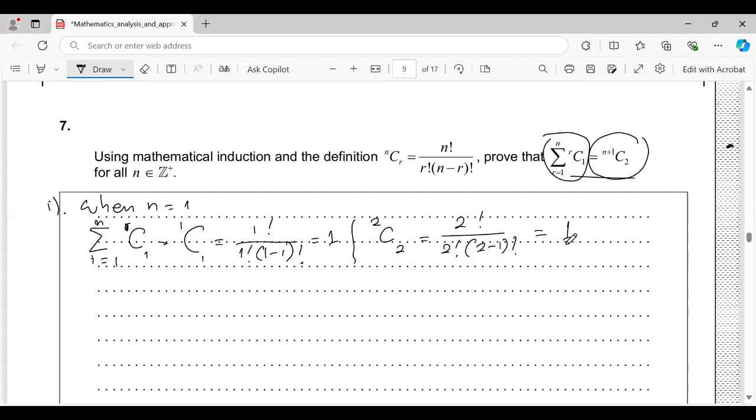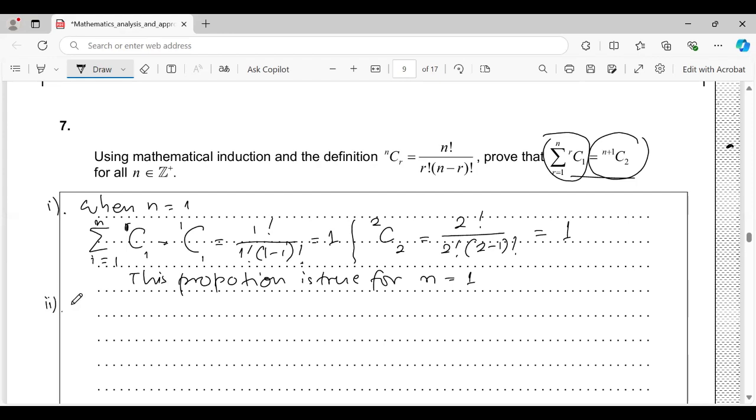It is 1 also. Right, so when n equals 1, this proposition is true for n equals 1.